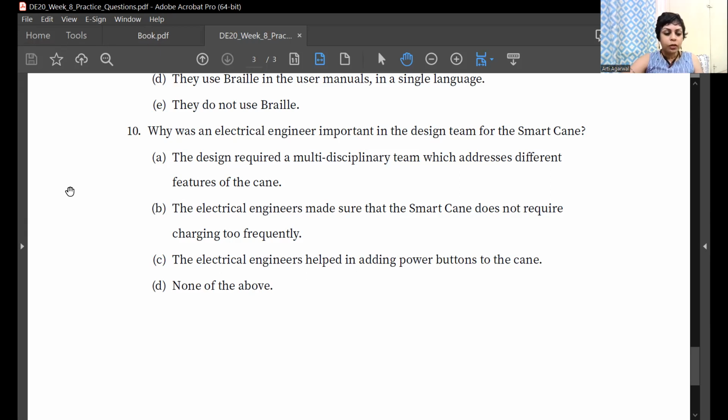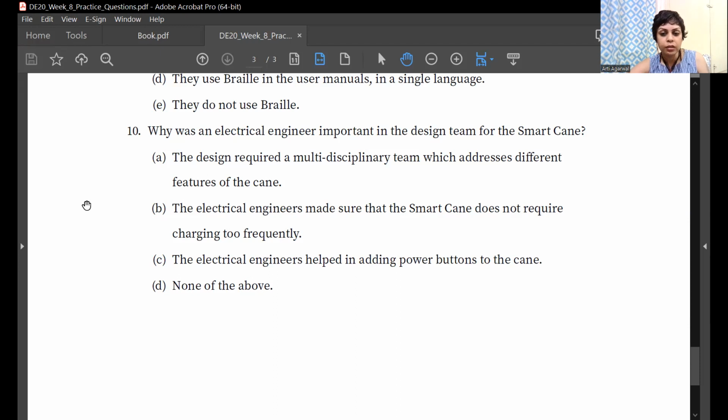features of the cane. So they're able to add new and additional features to the cane because they had a multidisciplinary team which brought in their own domain knowledge and implemented that in the product. Option B says that the electrical engineers made sure that the smart cane does not require charging too frequently.